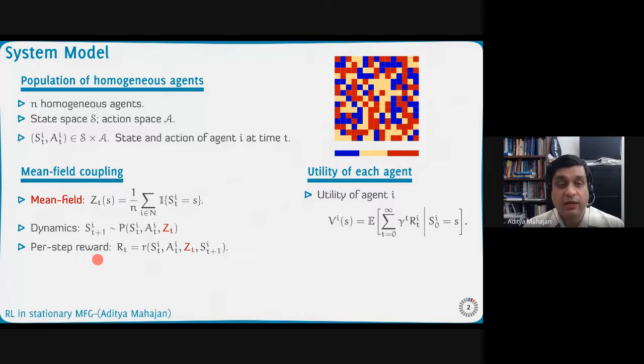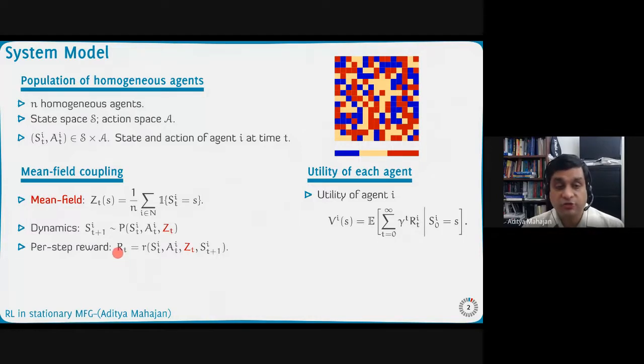We look at mean field coupling in both the dynamics and the reward. The assumption for the dynamics is that the next state of agent i evolves in a controlled Markov manner depending on the current state of the agent, the current action of the agent, and the mean field of the population.